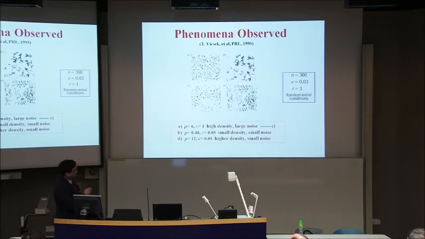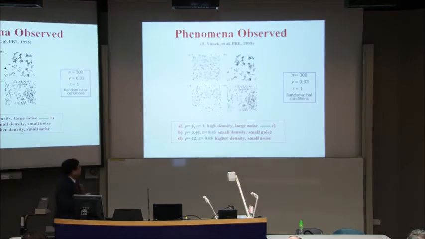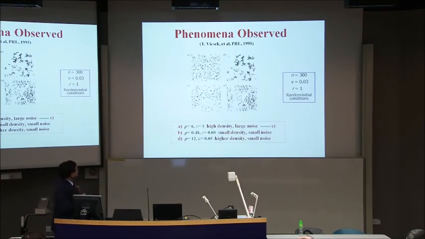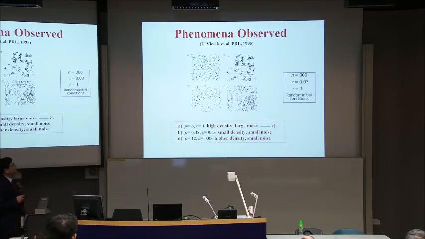Now let's have a look at the phenomena provided in Vicsek's paper. Here is a simulation, very interesting. This is the initial stage. If you have a high density and large noise in the model, the system behaves like a random walk, but with some correlation.